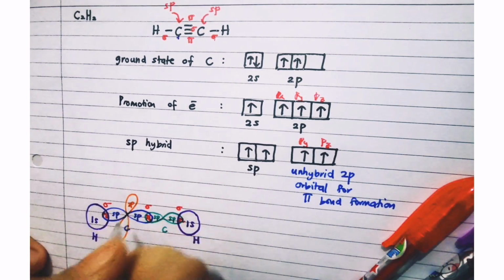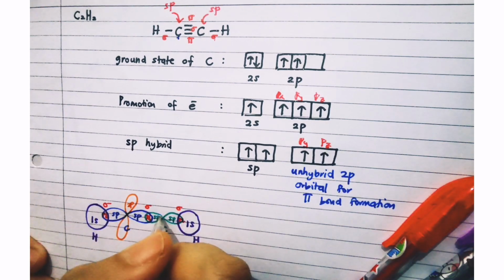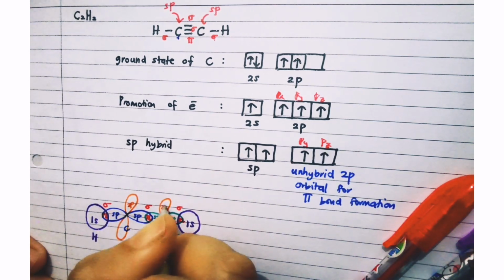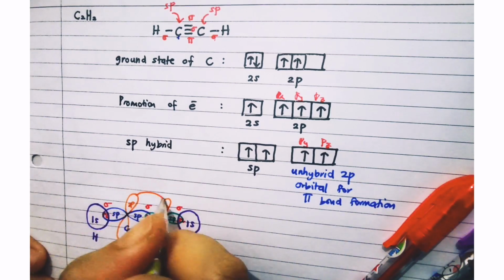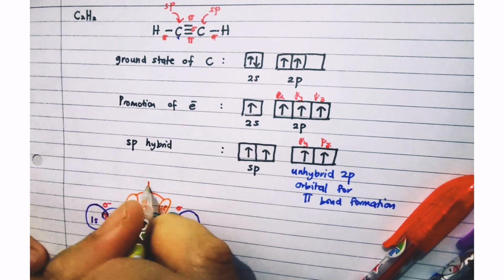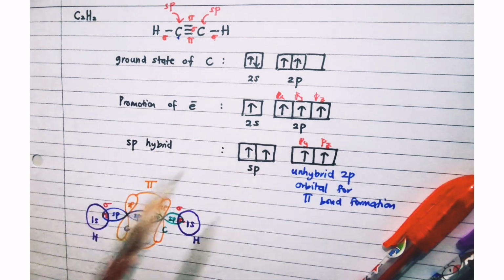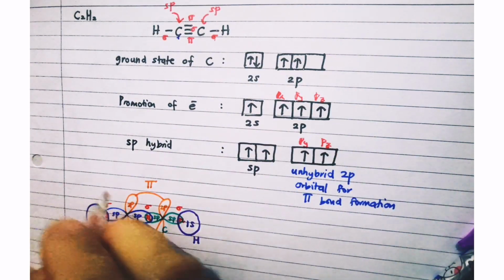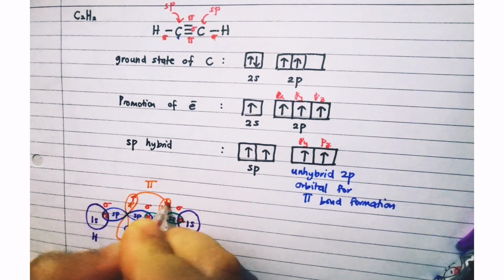Okay, 2p of this carbon overlaps with 2p of another carbon to form the first pi bond. For the orange one, I'll use the 2py orbital and the electron here.